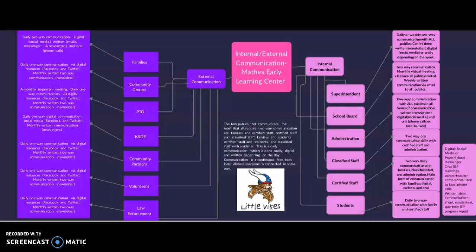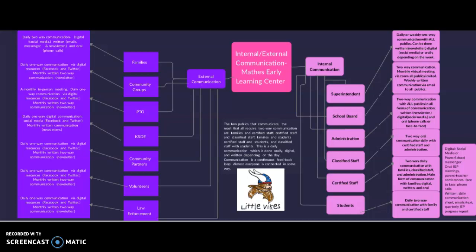So the two-way publics that communicate the most are the families and certified staff, certified and classified staff, families and students, certified staff and students, and classified staff and students. This is daily communication, which is done orally, digitally, and written, depending on the day.